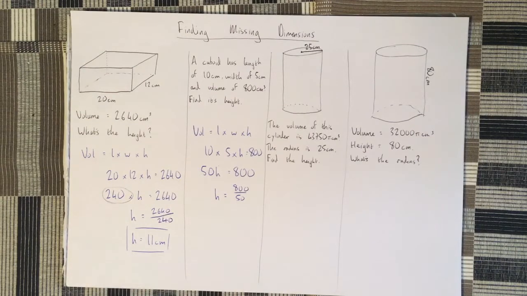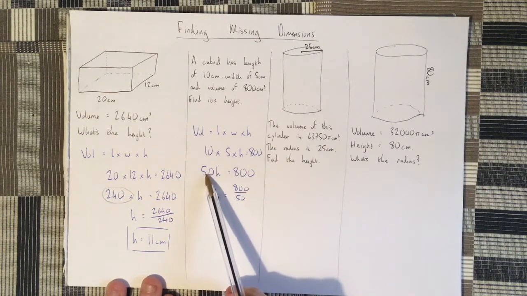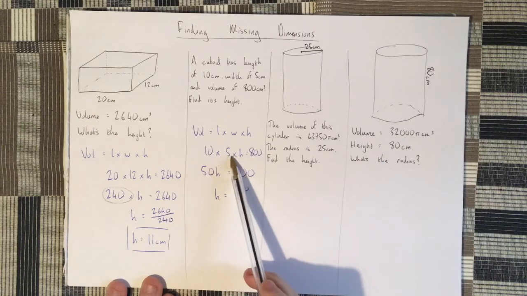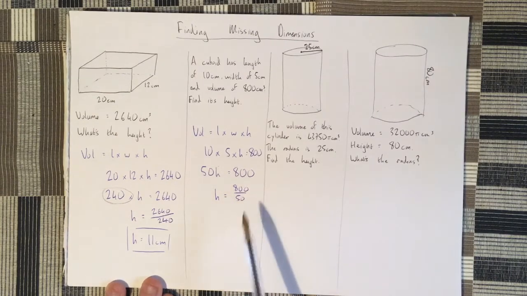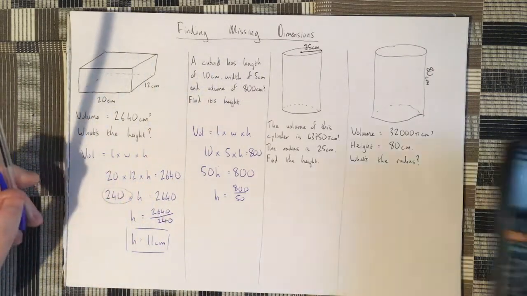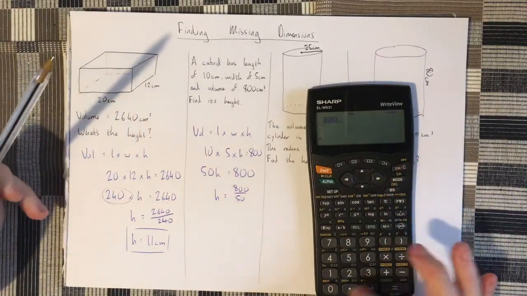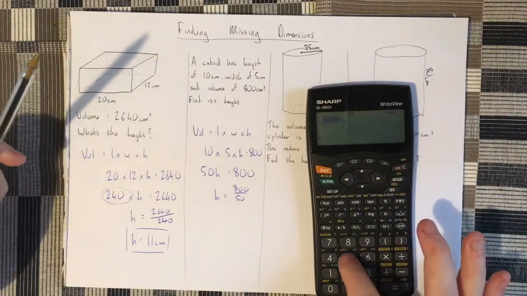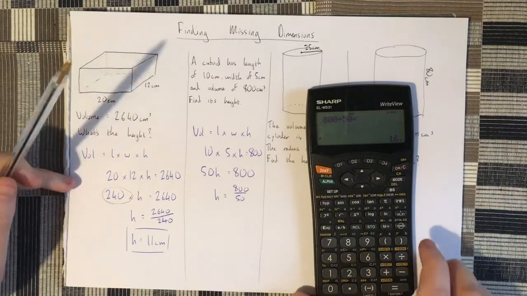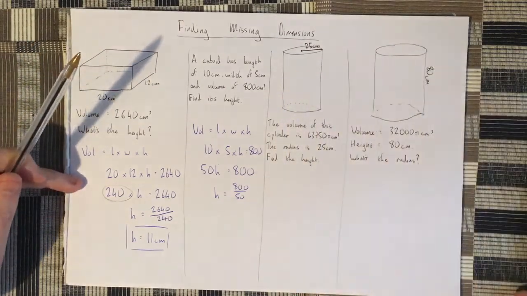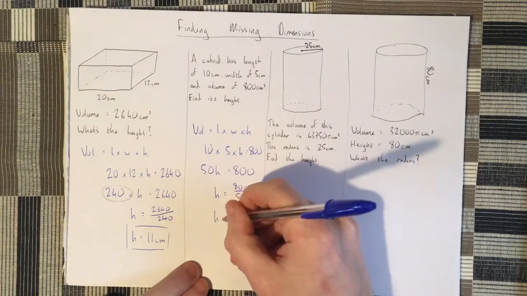The other way of thinking about that is you've got h multiplied by 50, and if you bring multiplied by 50 over an equal sign, it becomes divided by. However you think of that step is fine, as long as you get the correct result. 800 divided by 50 is 16. So my height here is 16 centimeters.